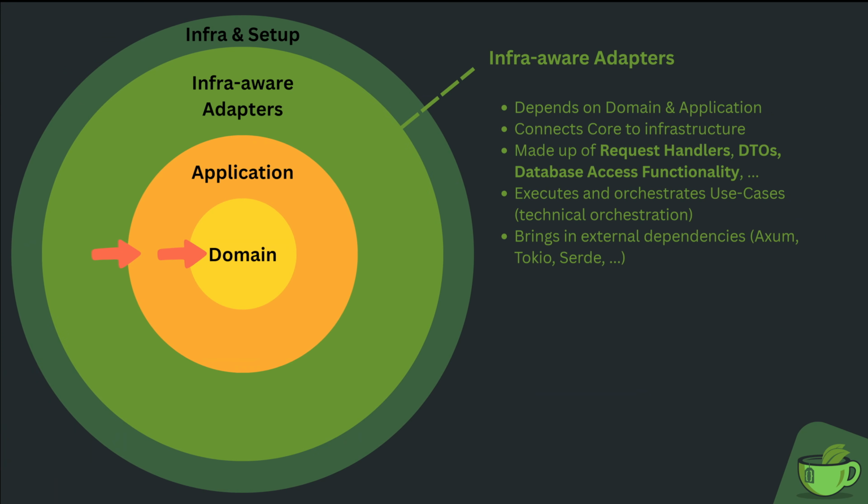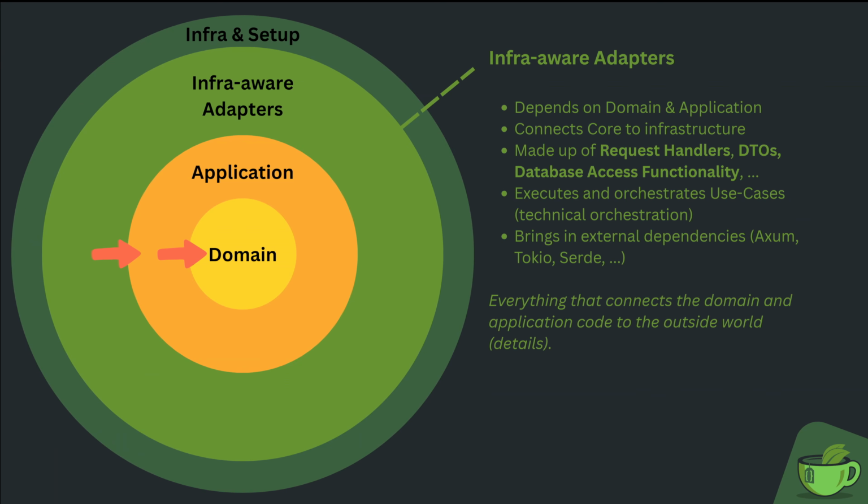So, instead I like to structure the outer two layers a bit differently than is outlined in the book. I renamed the adapters layer to infrastructure-aware adapters. This makes it clear that the adapters do actually depend on the concrete infrastructure used. This layer contains the glue between the core and the infrastructure, and it is made up of request handlers, DTOs, database access functionality, and so on. The adapters drive the use cases and might do some technical orchestration as well.